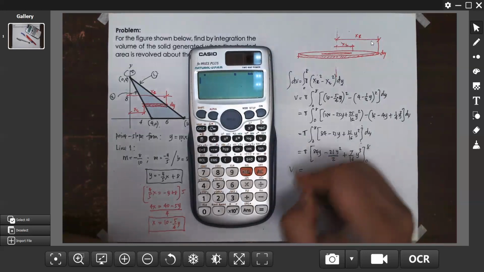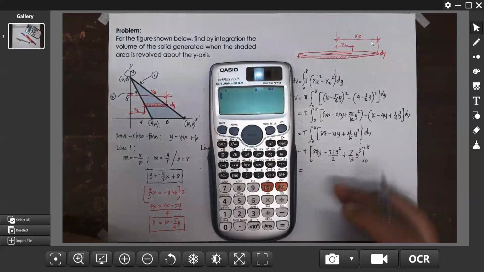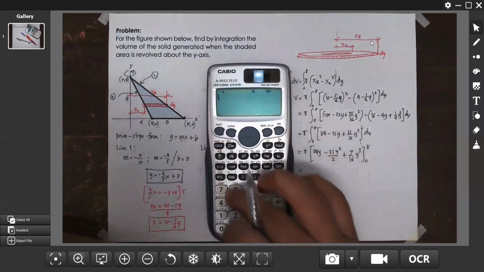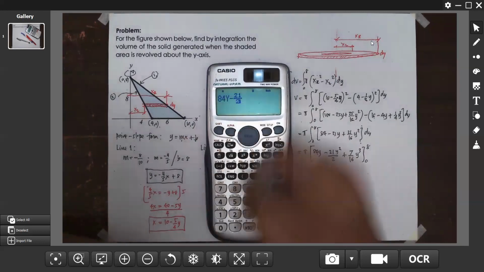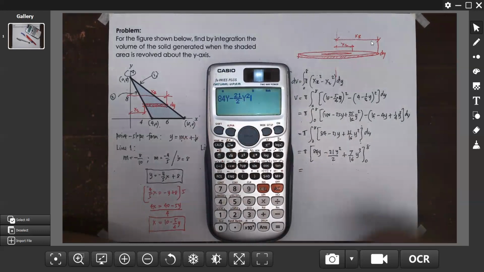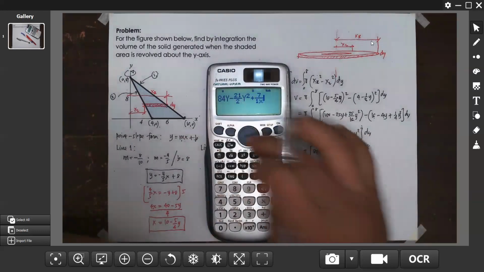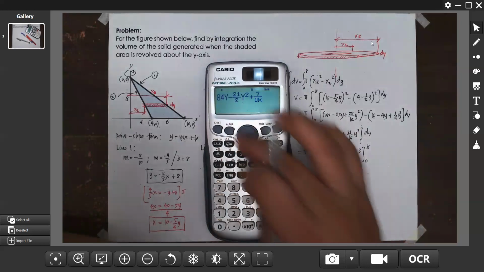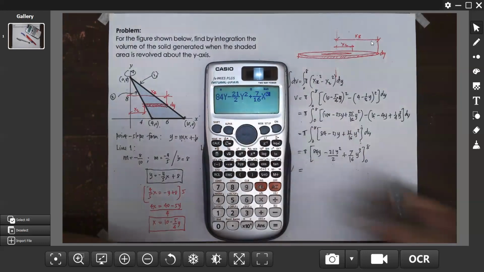And so we have 84y minus 21 over 2 y squared plus 7 over 16 y cubed.